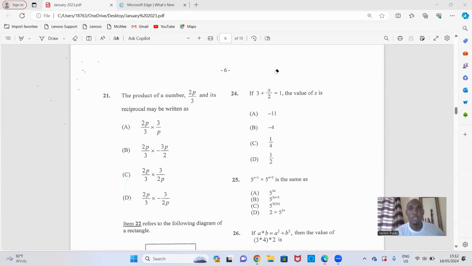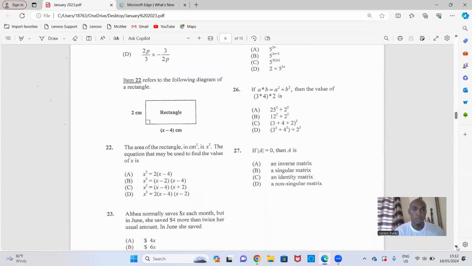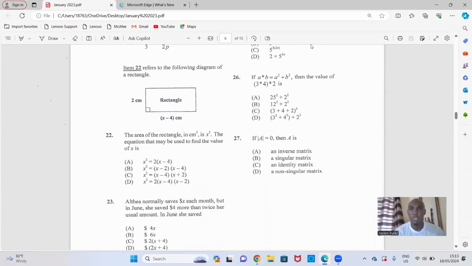Let's go to item number 22. All right. And again, questions are getting easier for me. Well, I think. Now, this is a rectangle. Yes. It says the area of a rectangle in centimeters square is x squared. The equation that may be used to find the value of x is, now, how do you find area of a rectangle?